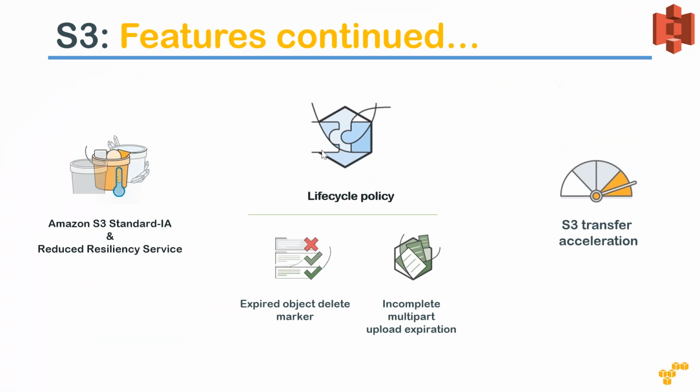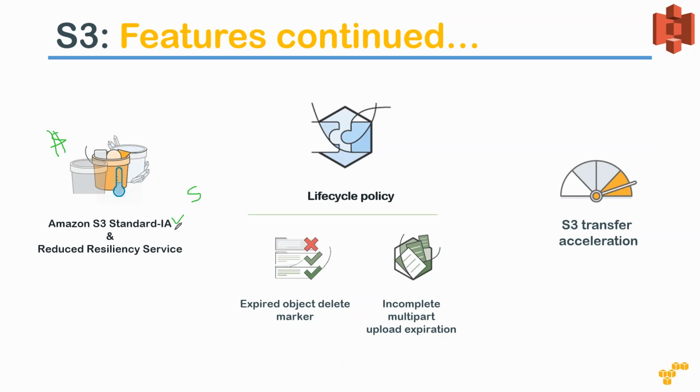Moving forward, there are some more features. This is on the maintenance part of your S3 buckets and the cost part of it. The first one is that there are different types of storage classes available in S3. One is the standard, and the other is standard IA. Almost all the objects go to the default class, and let us say it costs you about $1.